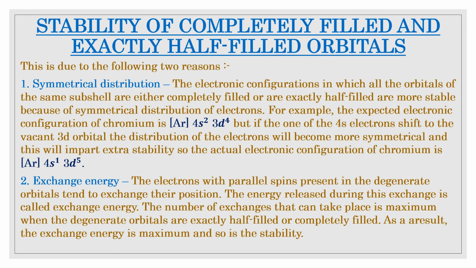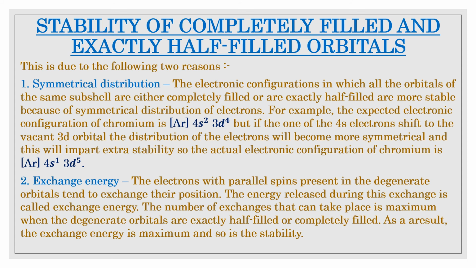So initially chromium has configuration 4s2 3d4, which is not stable. In order to gain stability and a symmetrical distribution of electrons, the 4s electron is shifted to the 3d orbitals. So we get 4s1 3d5. In terms of noble gas configuration, we can write the electronic configuration of chromium as argon 4s1 3d5.